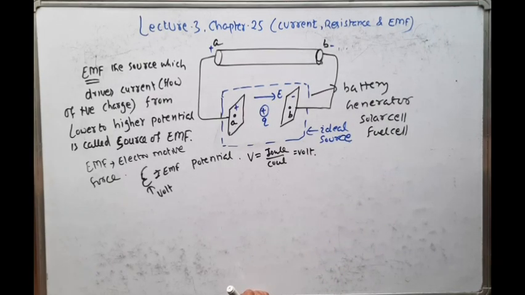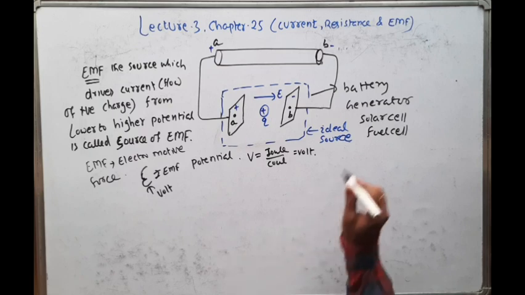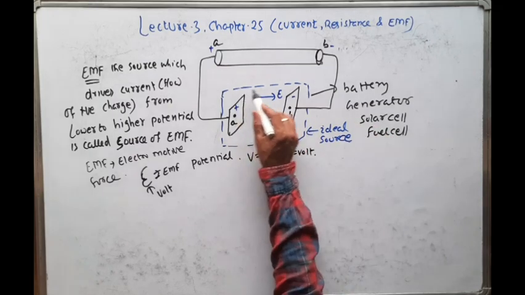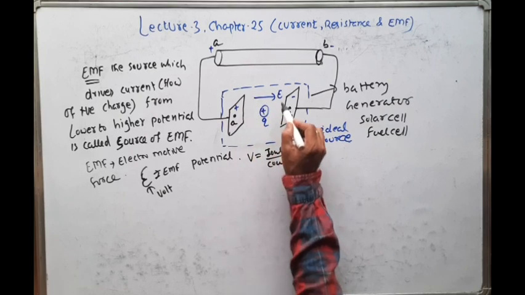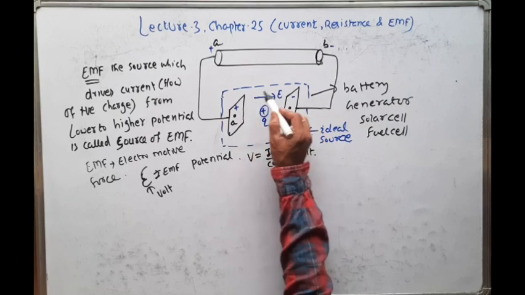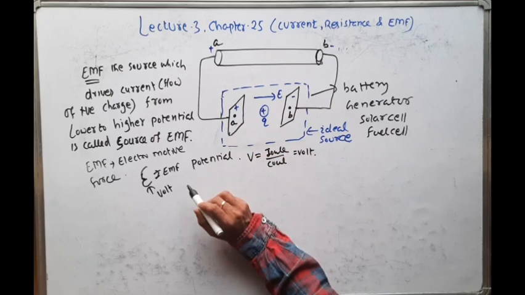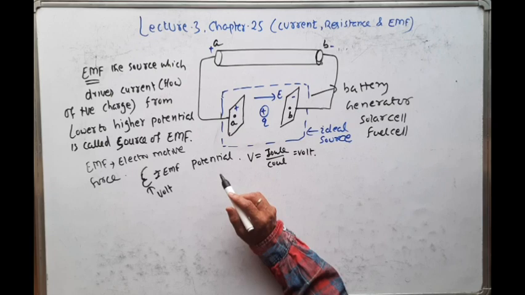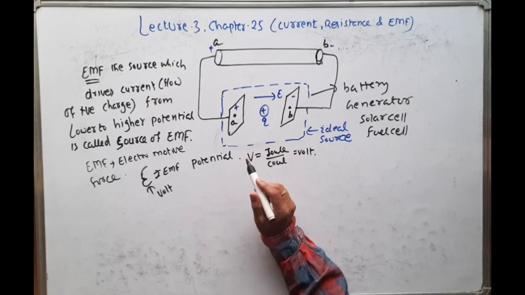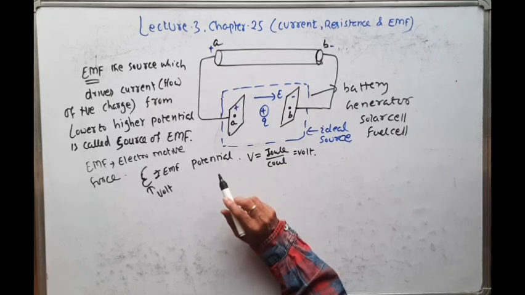Suppose we are taking a battery. This battery converts the chemical energy inside the electrolyte to electrical energy. Suppose a generator is rotating. During rotation, that means mechanical energy, and that mechanical energy is converted to electrical energy.